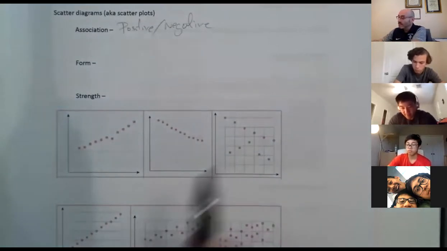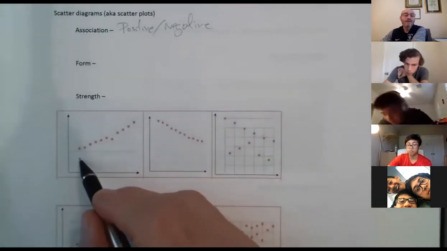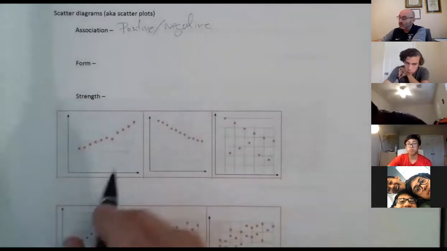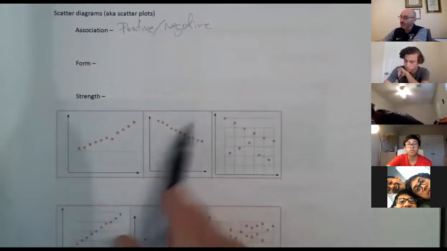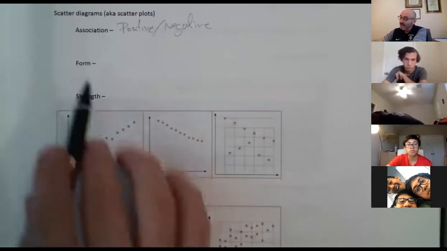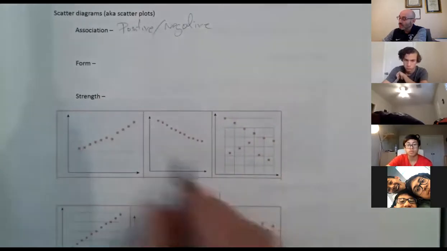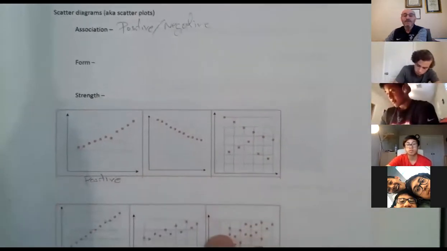It's gonna be positive if the data has a trend that is increasing always from left to right, okay? So in this case, the association here will be positive, okay?